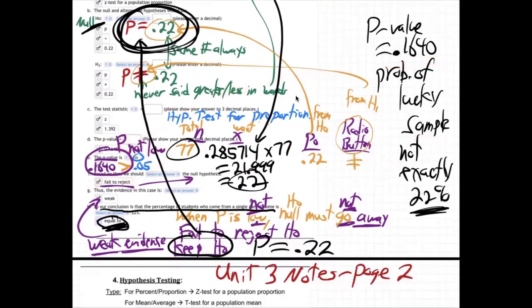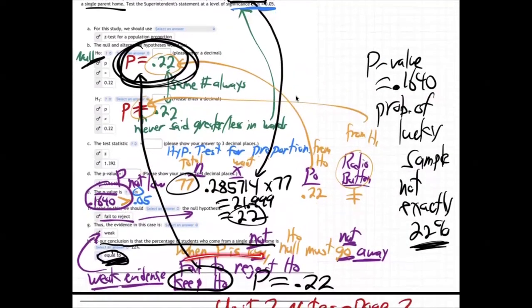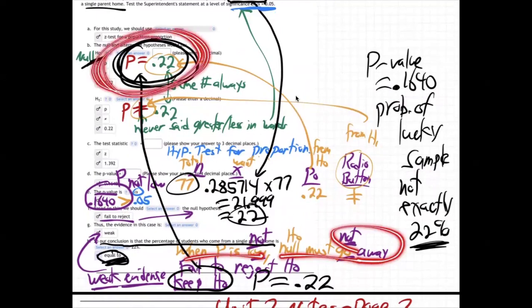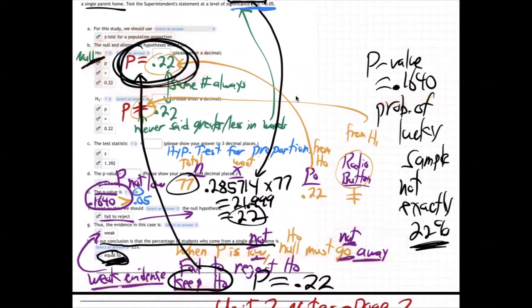So when that p-value is high like that, when the p is not low, the H0 must not go away. We keep the null. We keep the original statement made by the superintendent that the percentage probably really is equal to 0.22, because the evidence is weak, meaning there's a high chance it was just lucky. And so we're keeping the null.